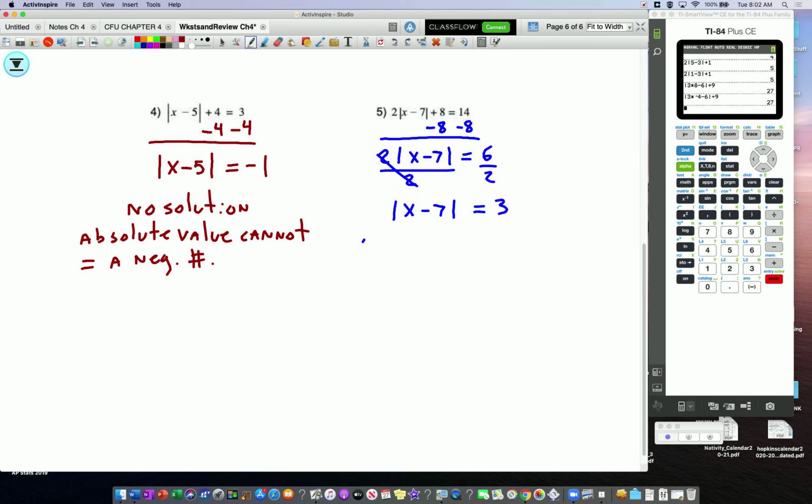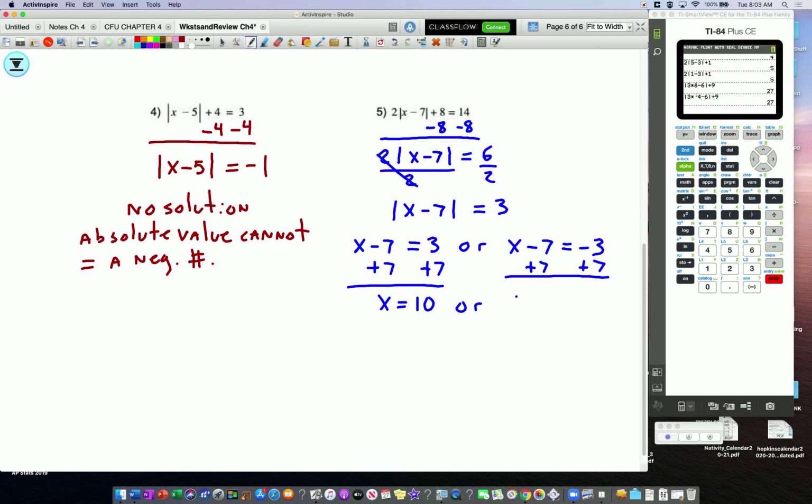So now I have two equations. X minus 7 equals 3, or x minus 7 equals negative 3. Solve both of these. Add 7 to both sides, so x equals 10. Or add 7 to both sides, x equals 4.